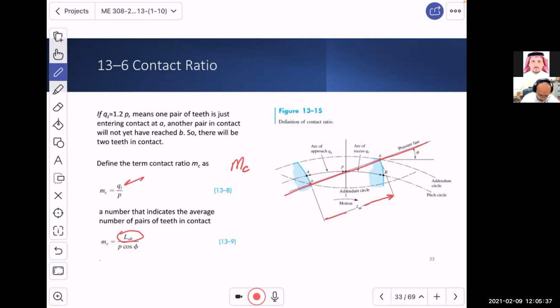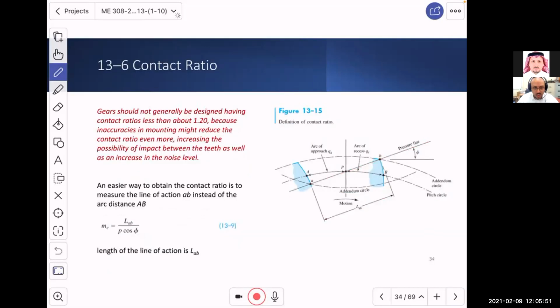When you divide it by p cosine phi, you get this ratio, which is a number that indicates the average number of pairs of teeth in contact. Of course, when you have an average of 1.2, you ask the question, what does that mean? It's 0.2 teeth?